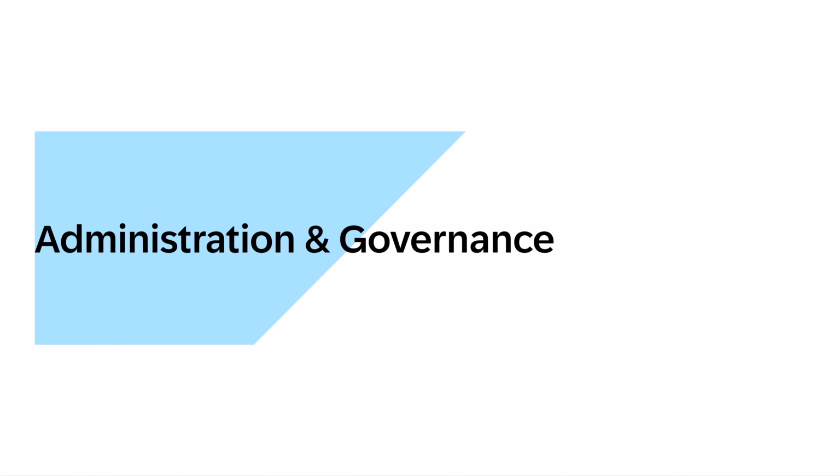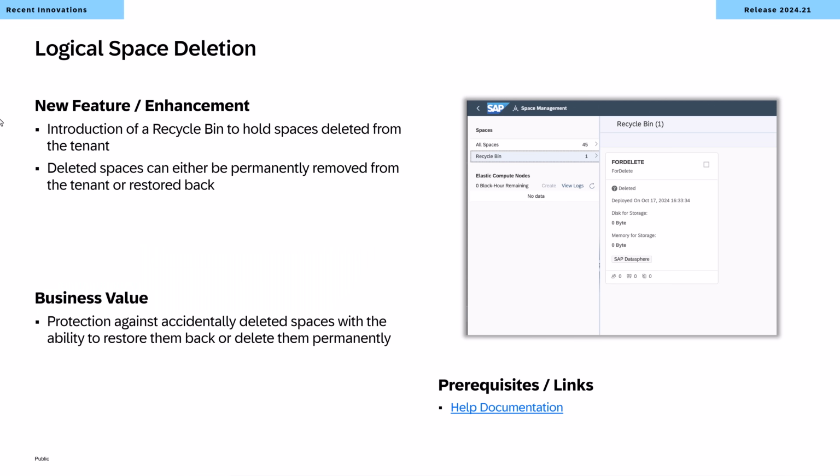And let's have a look at the administration governance area, where we also introduced a very interesting new feature, which is the logical space deletion. So basically, up until this release 2024-21, if you deleted a space, all the artifacts within that space, the connections, the models, everything was also completely deleted and removed from your tenant.